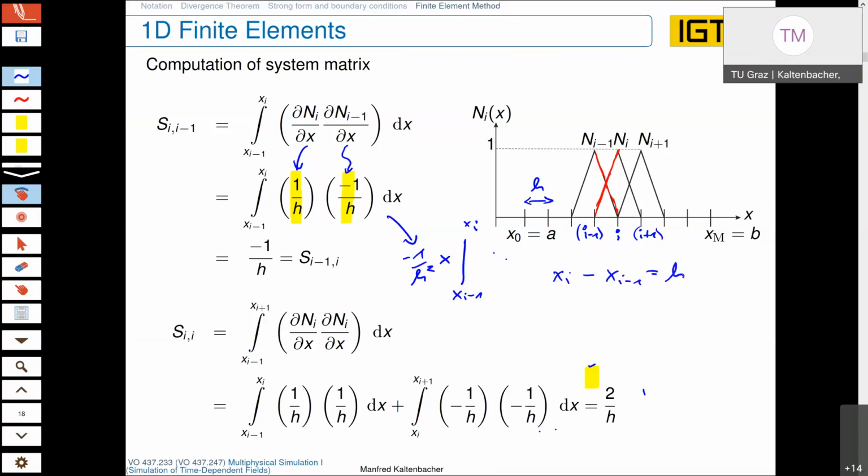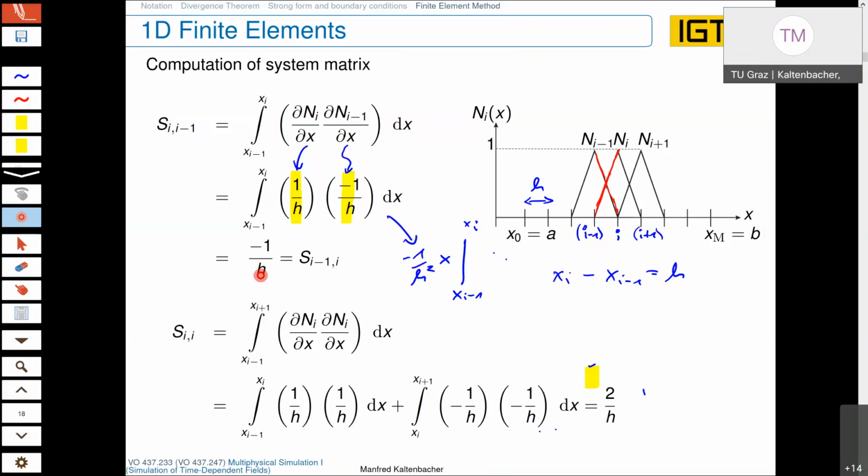That is why our solution at the end is minus 1 over h. Now you can exchange i with i minus 1 and you will get the same solution, and that gives us the symmetry as we just discussed.